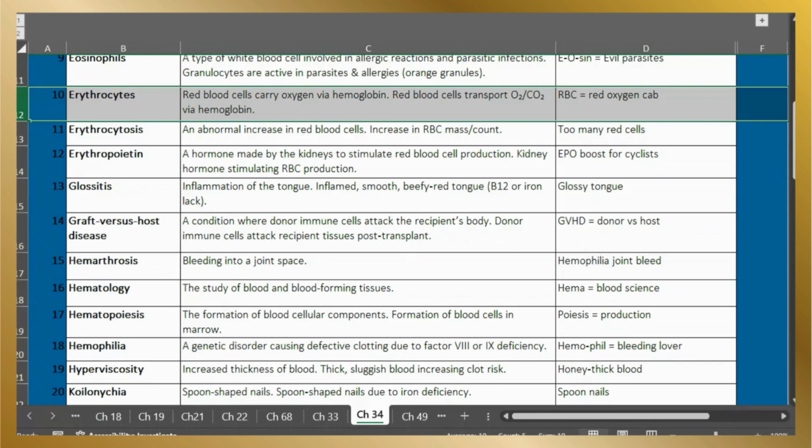It's the red orange. So a low count results in anemia, and the normal lifespan is 120 days. And in sickle cell anemia, actually it's less than this and the cell has that form of an S.